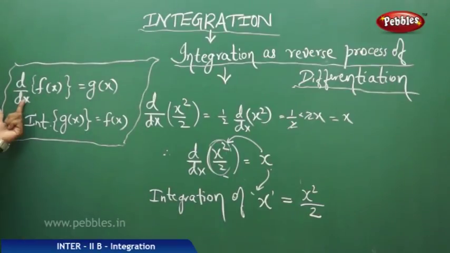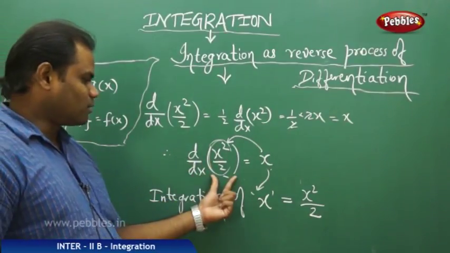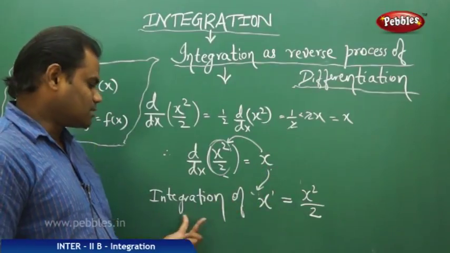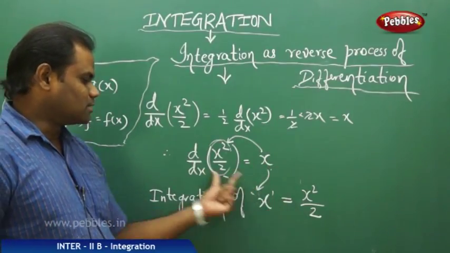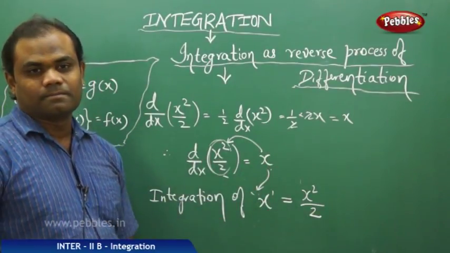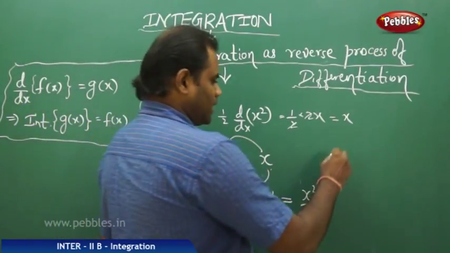That is, d by dx of x squared by 2 is x implies integration of x is x squared by 2.